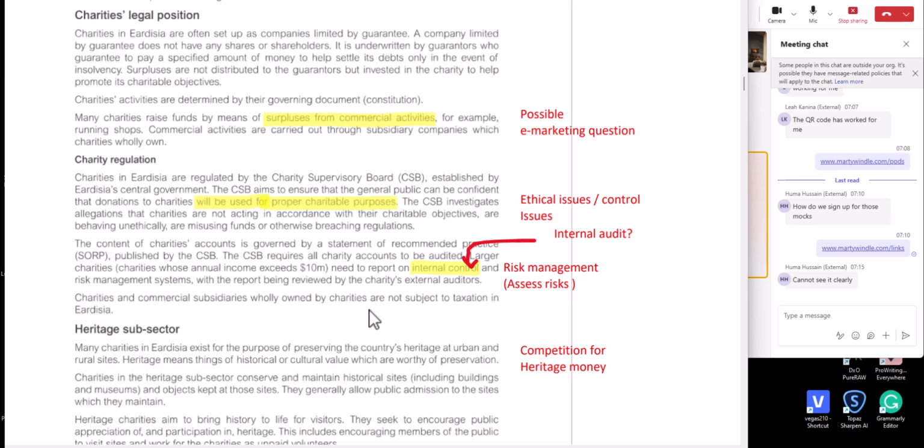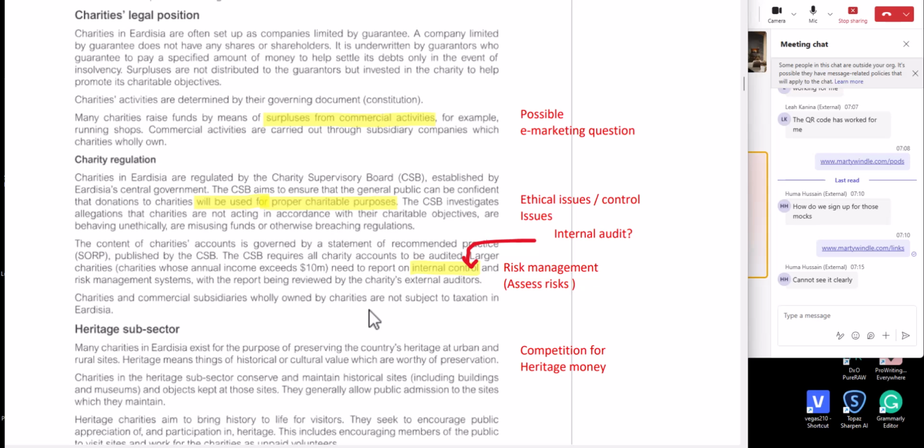If you listen to my podcast, we talk about money being misused in charity-based organizations. So it raises the possibility of ethical issues and controls to prevent fraud. I talk about that in my podcast, about ethical issues and controls we need to have inside a charity. So if you want to answer that question in the exam, please listen to my podcast.